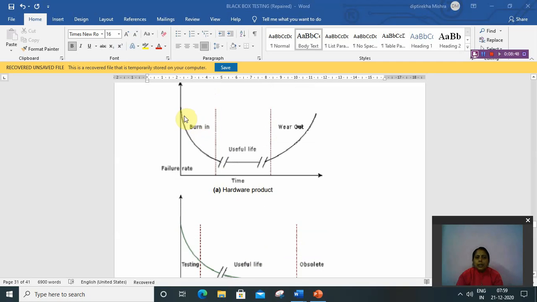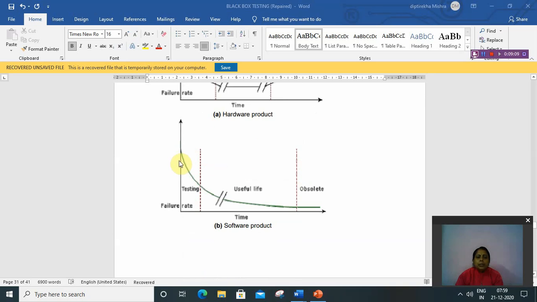In hardware reliability, the failure rate is high at the beginning, and after that it gives a stable useful life, and after some time the failure rate increases again. This is the hardware reliability graph.